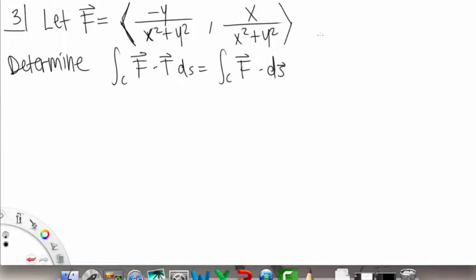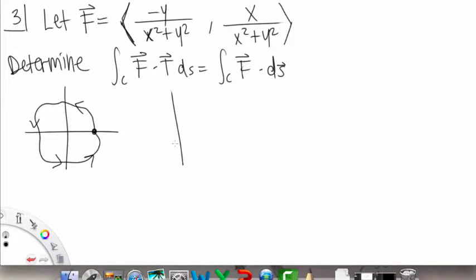I have 4 curves that I'm going to show you. First of all, here are the curves. We have a curve here that goes from here, around, and comes back, so it's going this way. That's our first one. Here's our second one, something like that, and this time it's going the opposite way.